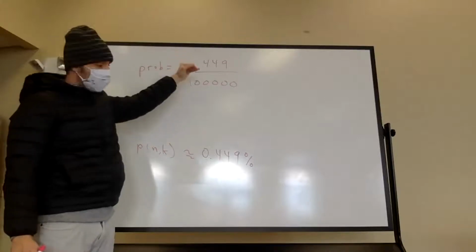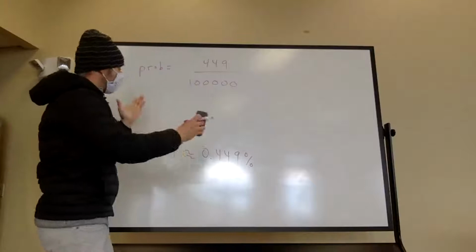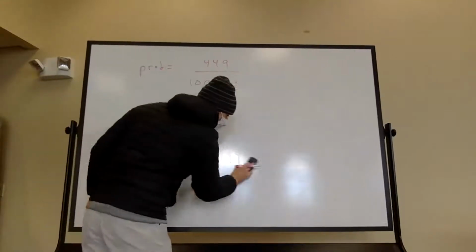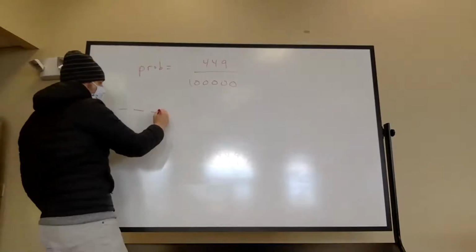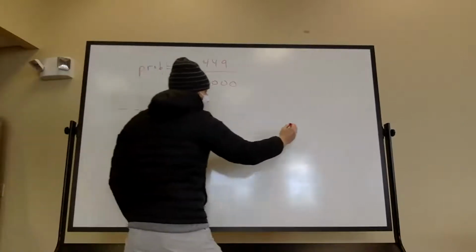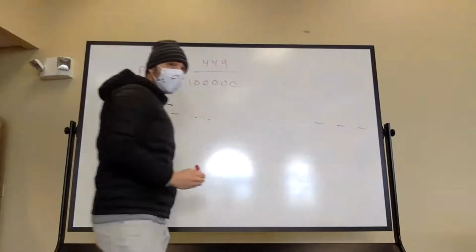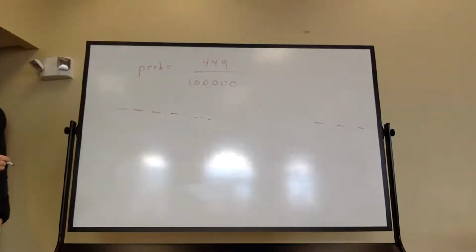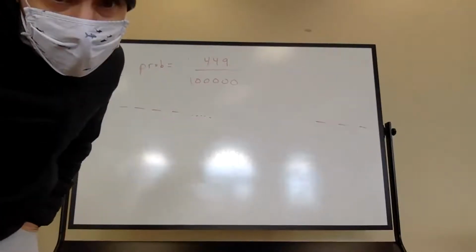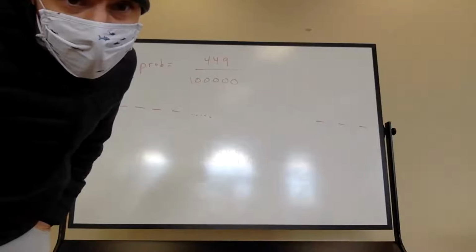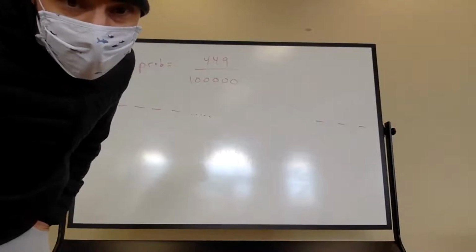Did I get that? So now, if you do this thing for 20 years, and it's every weekday, so here's weekday 1, weekday 2, weekday 3, weekday 4, and so on. There's a lot of weekdays. Did I agree with that? There's something like thousands of them. So it's every weekday for 20 years.